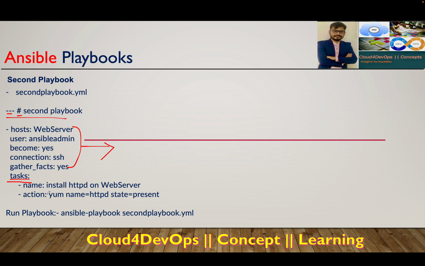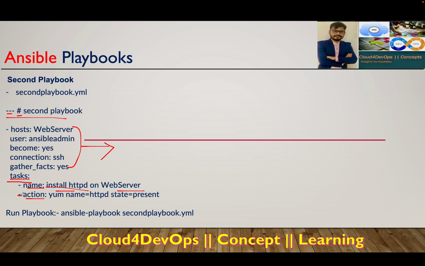Now in this playbook, what I am doing: name, install httpd on web server. Now this name, again, it's an argument, it can be anything based upon your understanding. So it is not like you have to only give install httpd on web server. No, it can be plain English as per your understanding. The important part is action.